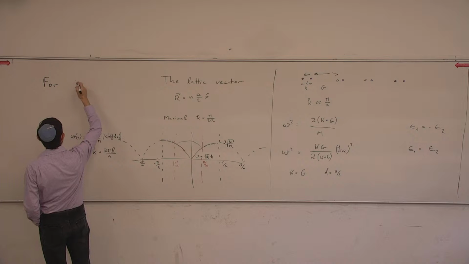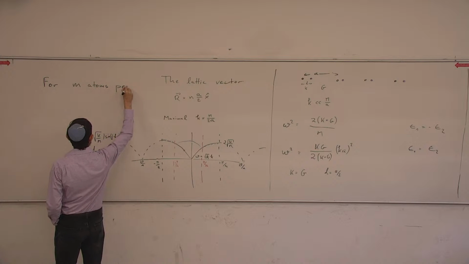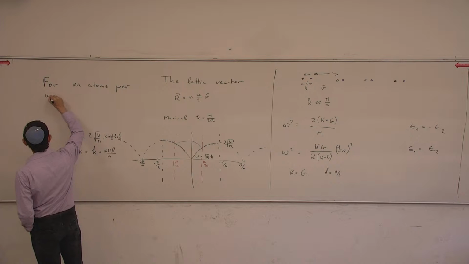So, let's call it n, looking for a number, let's call it n atoms per unit cell.